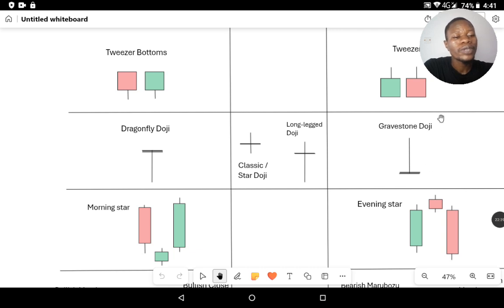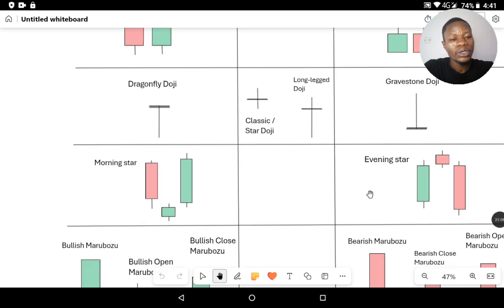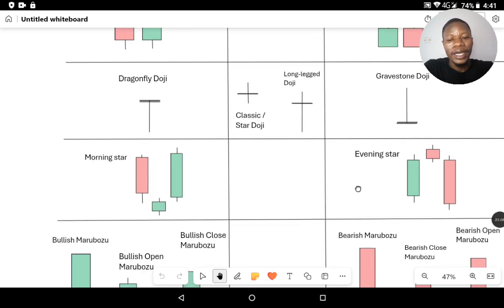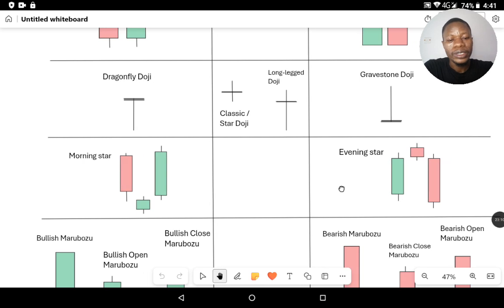But because it is happening at the resistance zone, which is like the home base of the sellers, because that's where the sellers wait for the market, while the buyers wait for the market at the support level, it shows that the market is about to reverse down. So I hope you are getting it. Don't worry, we'll see all of this in the charts as we continue.